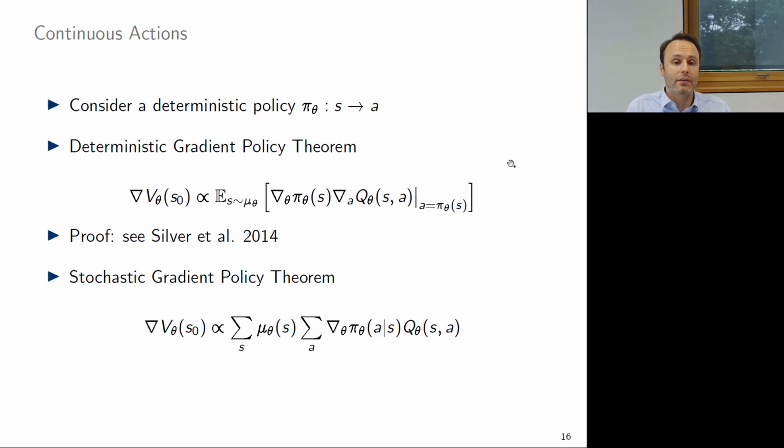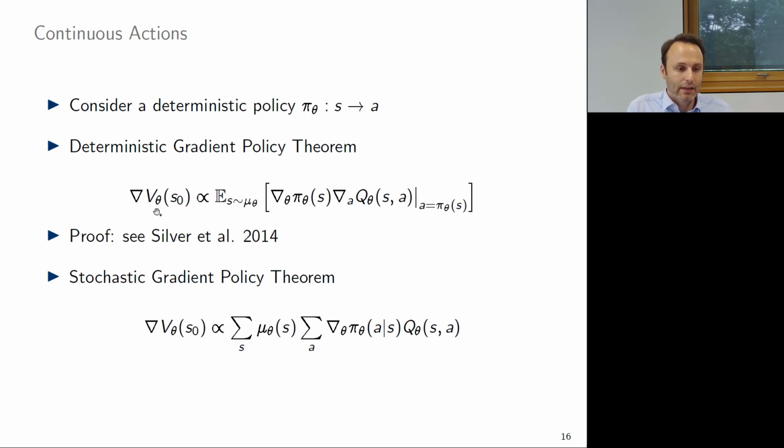Now, let's take a look at the deterministic policy gradient and consider the case where we have continuous actions that are deterministic. So if we are in a given state, then there's a deterministic mapping to an action. So that's what the policy is. With this, David Silver has shown that there is a special case of the stochastic policy gradient theorem, which is the deterministic policy gradient theorem.